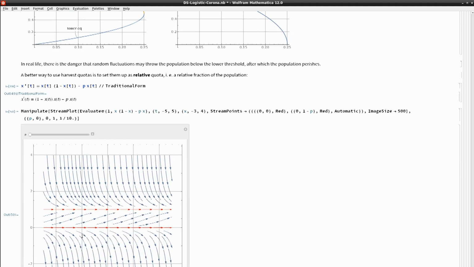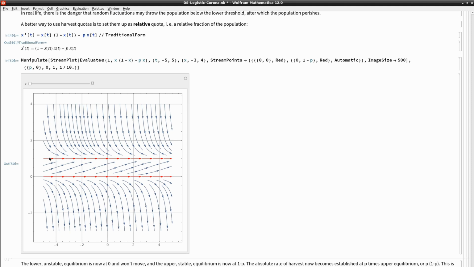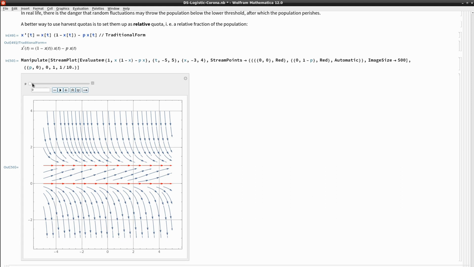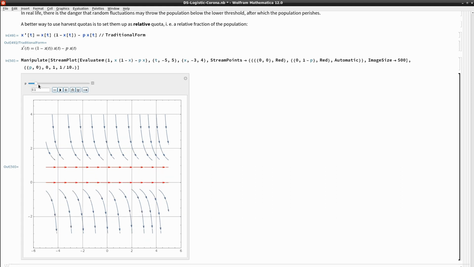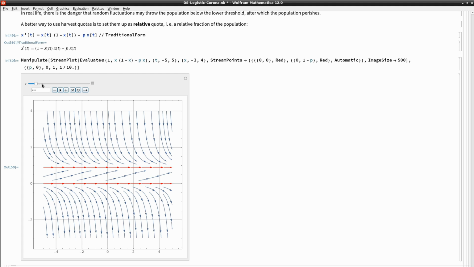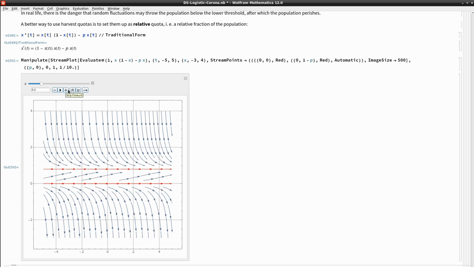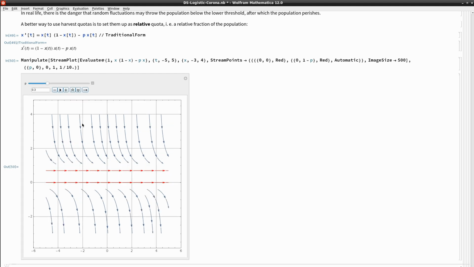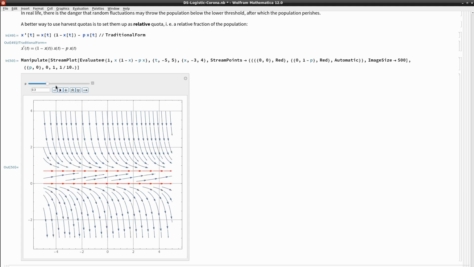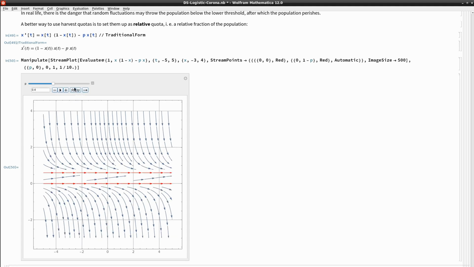And if we now look at the stream plot again and we're changing p, then we can see that we can still over harvest with an increasing percentage of the population, and it is still possible to develop this to complete extinction.